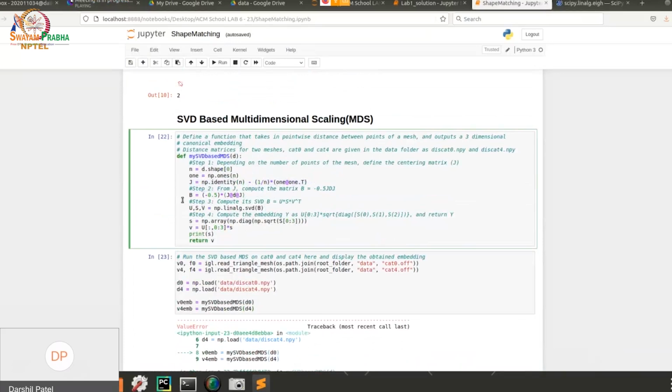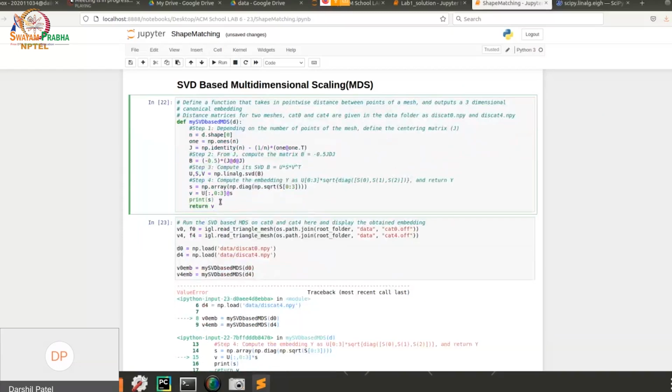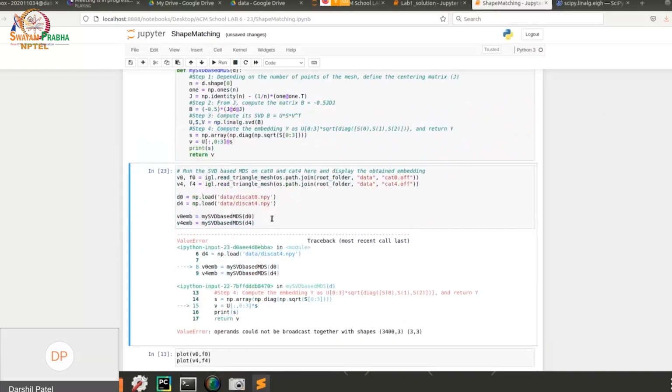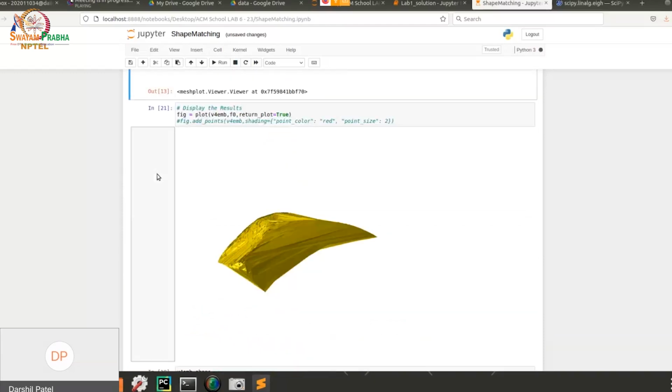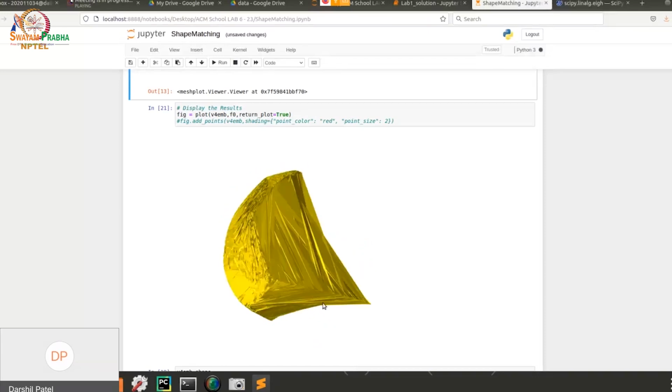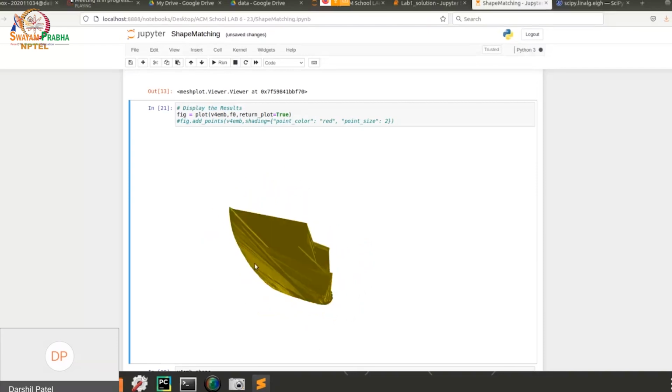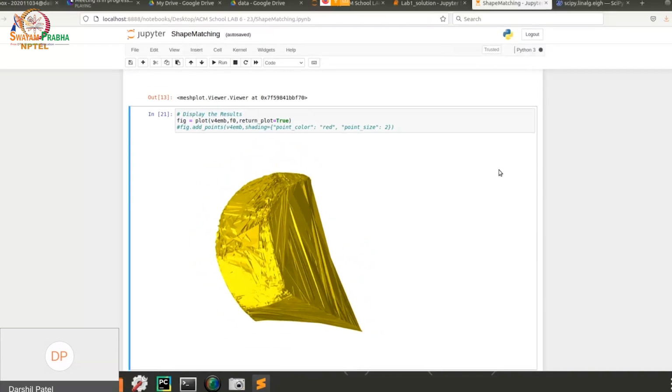And then this is the B matrix, and then I am finding the SVD, U, S and V. This S contains the first three eigenvalues, and these are the first three eigenvectors, multiplied by this 3 cross 3 diagonal matrix. Instead, I am getting this result for the V4 mesh. Can you replot that? It is executing.